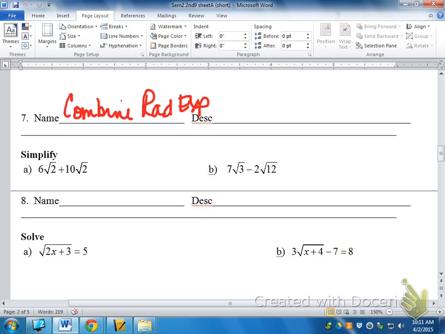Combine radical expressions. Simplify radical if possible.